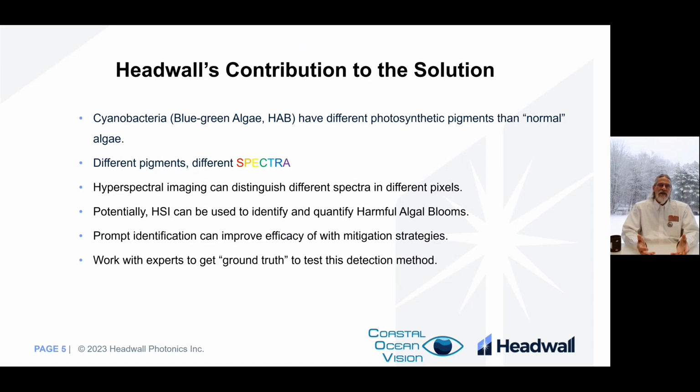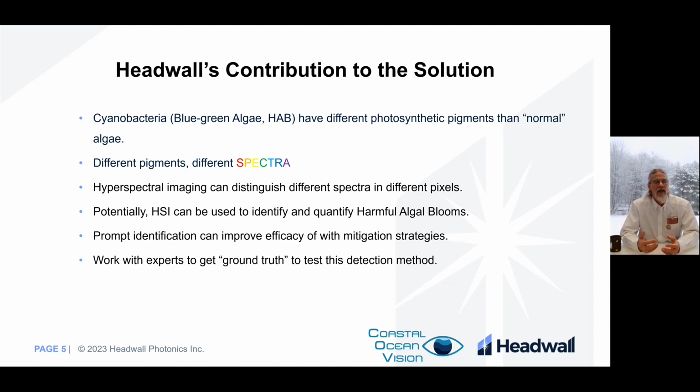There are some techniques that people can use to actually reduce the amount of cyanobacteria in a particular ecosystem after a bloom has started. And so what we've decided to do was to work with our partners at Coastal Ocean Vision to get what we call the ground truth. In this case, it's more the pond truth.